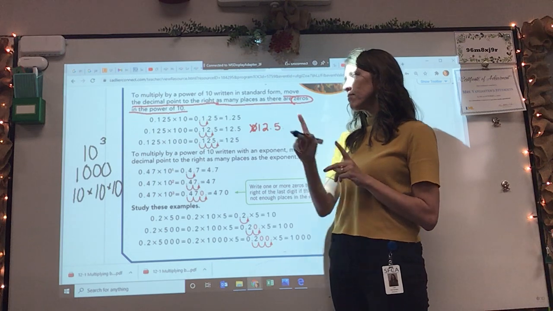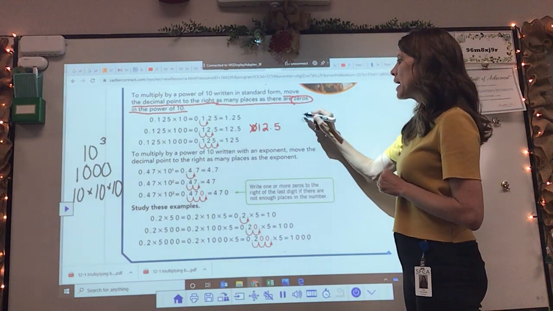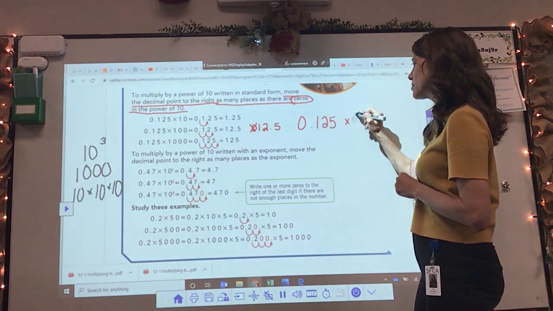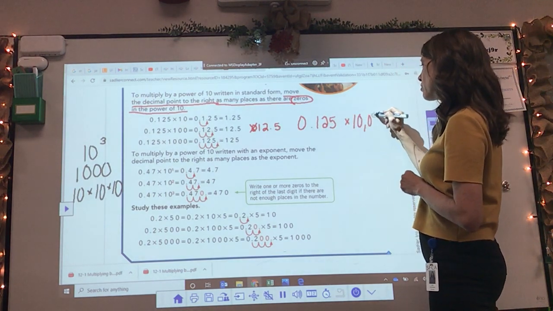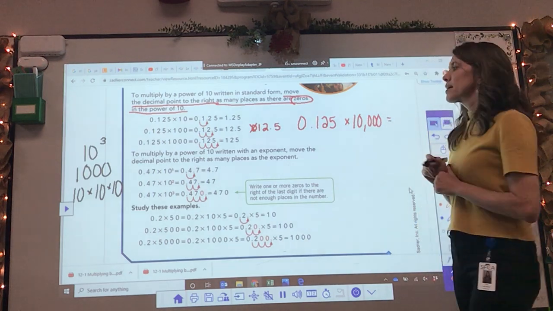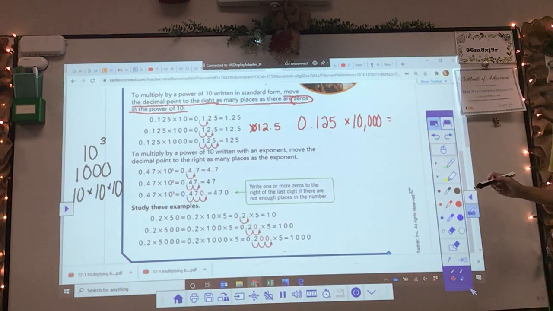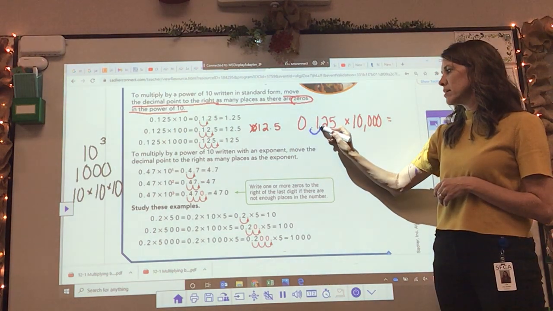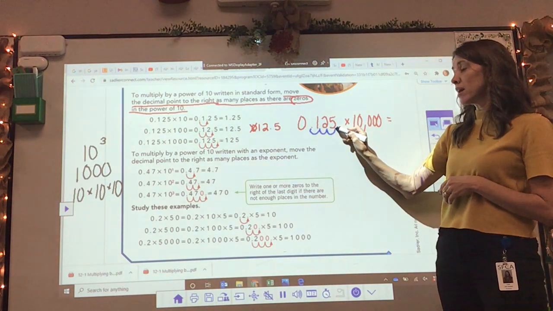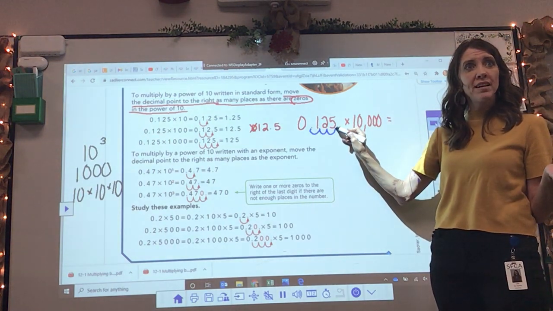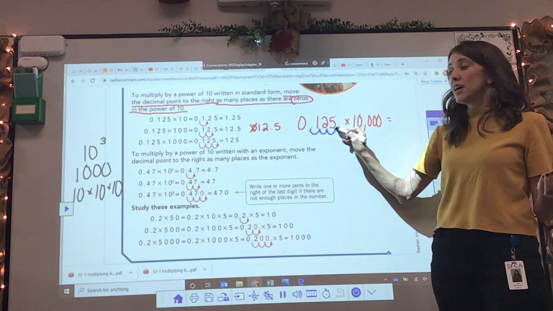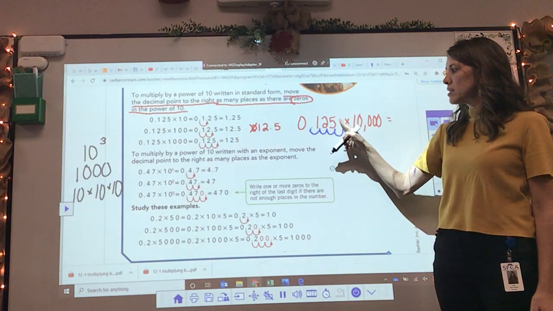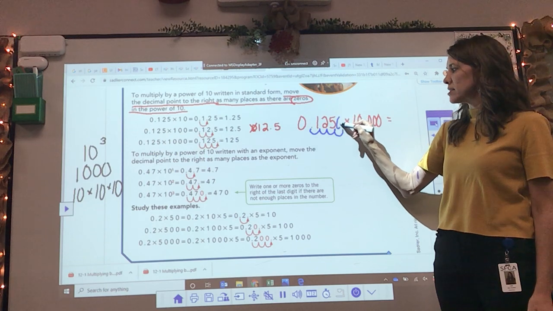Now, they don't have it here, but what would happen if you had 0.125 times 10,000? How many spots are you going to move that decimal over, Mia? 4. So let's do that. 1, 2, 3. Now what do we do? Naomi? You add a 0. Yeah, you're going one more spot over, so the decimal's going to go right there, but this is an empty spot, so you need to add a 0.